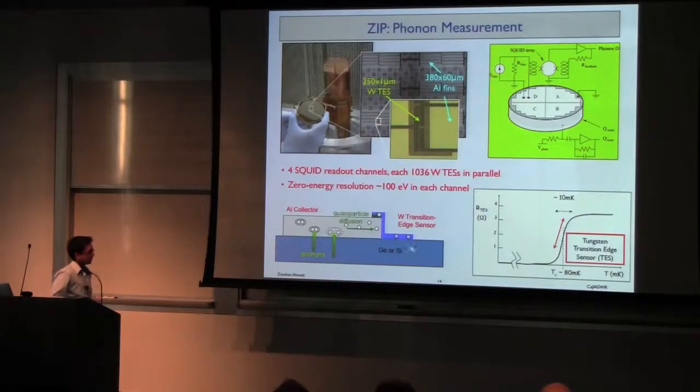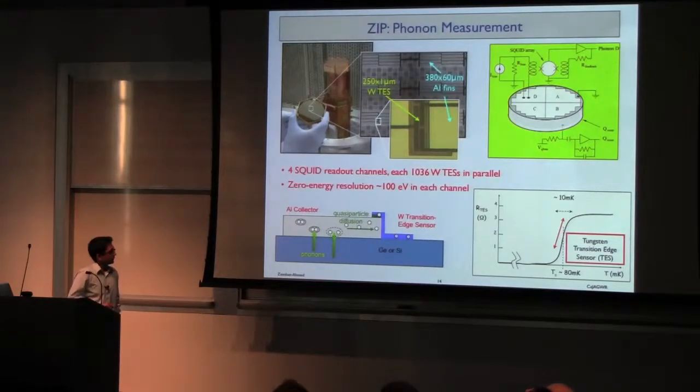This is a germanium or silicon crystal in which your particle comes in and interacts. It generates phonons. The phonons are collected in this aluminum collector. This is all superconducting, which is why we operate at low temperatures. These phonons break the superconducting Cooper pairs.